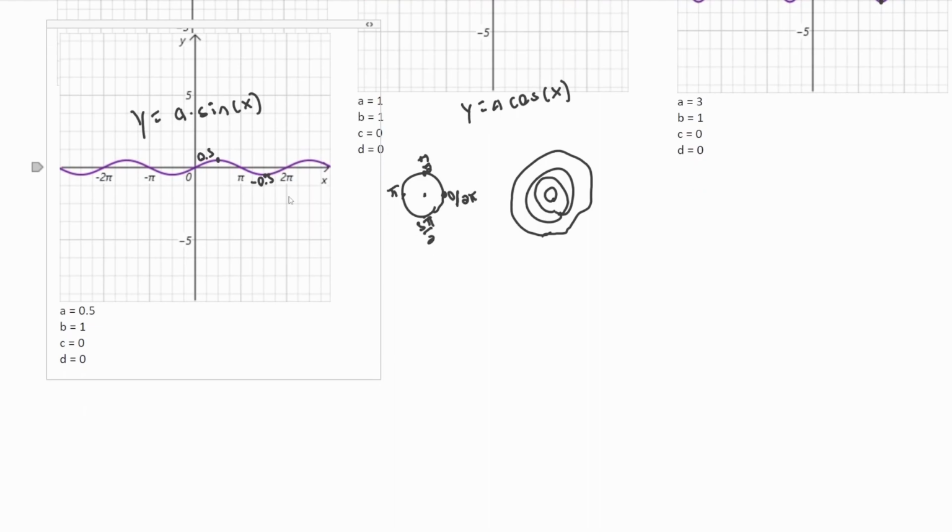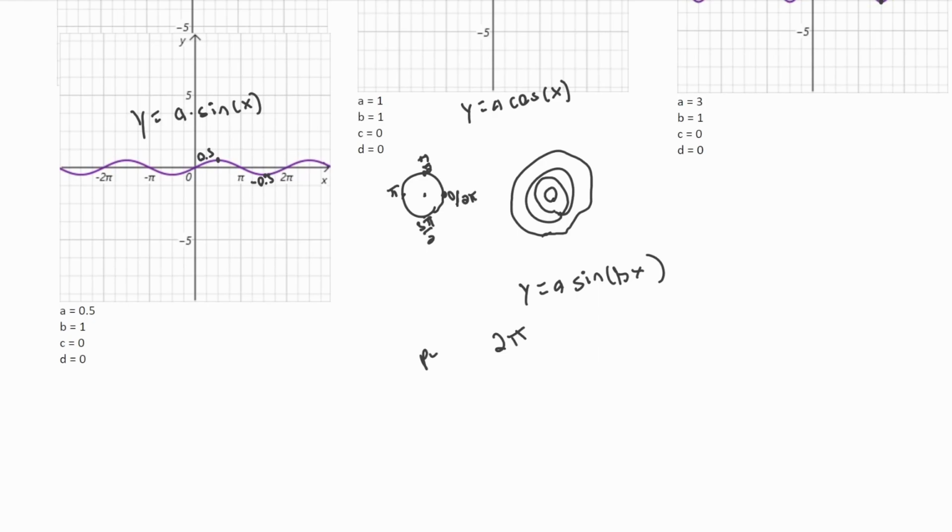So if we wanted to look at changes in period, y equals a sine of bx. So the standard period, again, for a circle is 2 pi. So if we wanted to modify the period, what we do is we actually use the following.